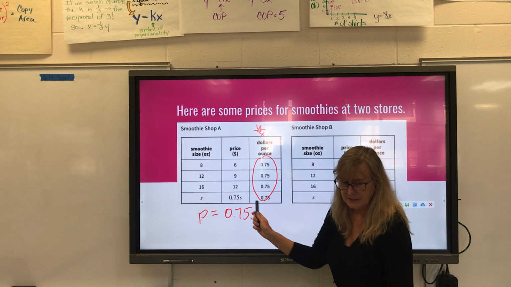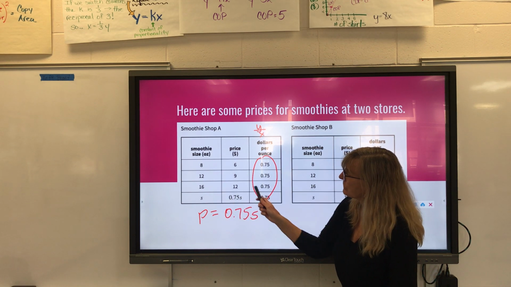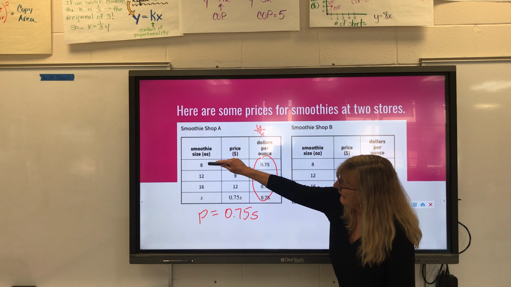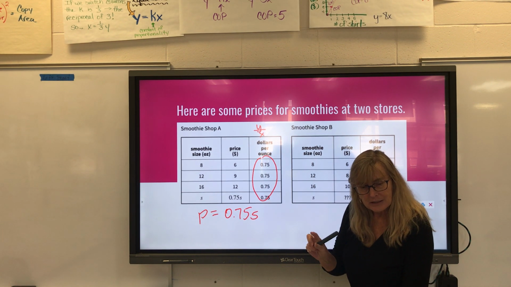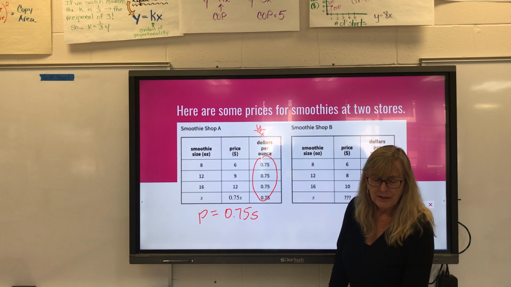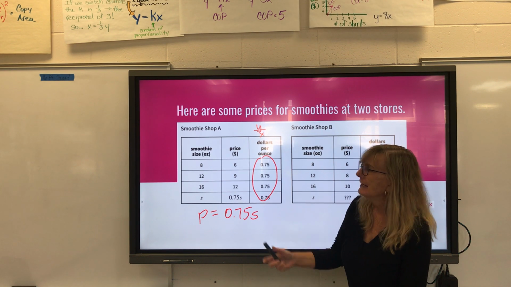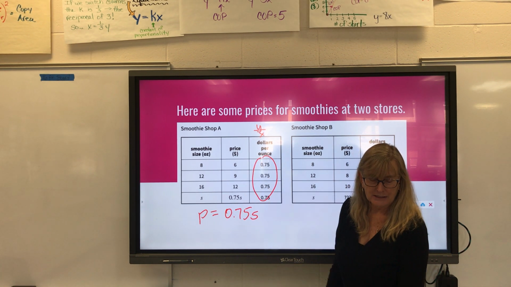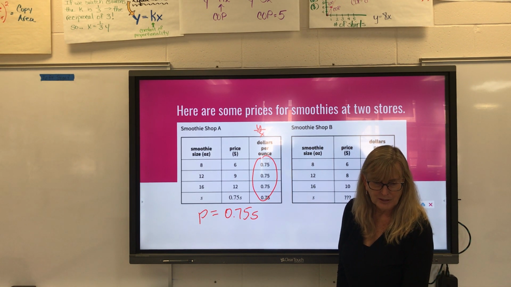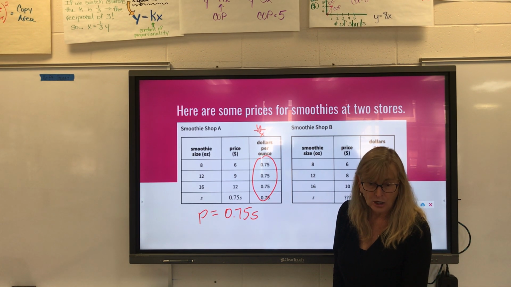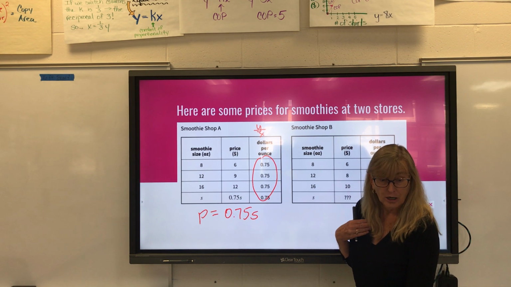That one is definite. This one is only true that we know for 8 ounces, 12 ounces, and 16 ounces. It's just a little nuance there so that you understand that, yes, this table is proportional. But does that hold true for every smoothie at the store? We don't know. Okay, we just don't know.